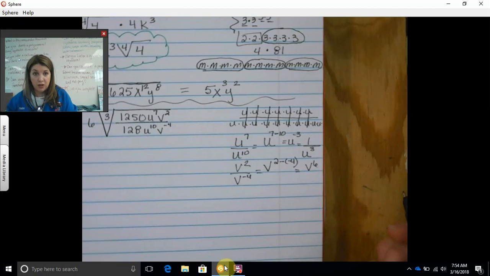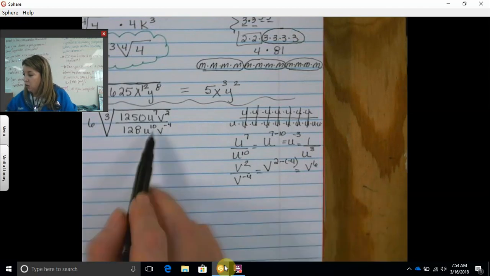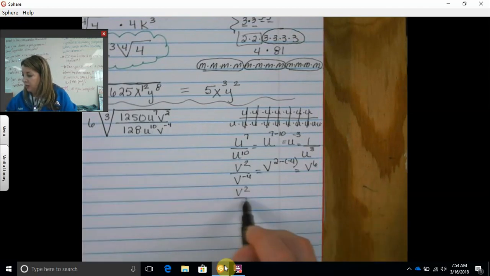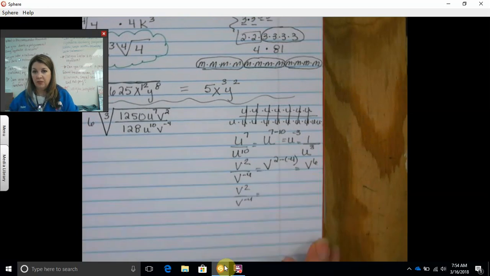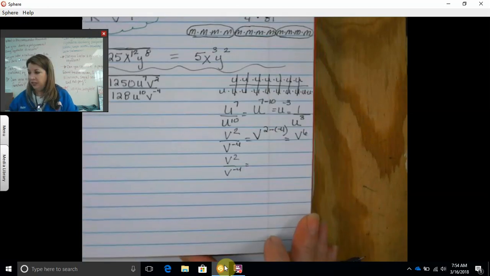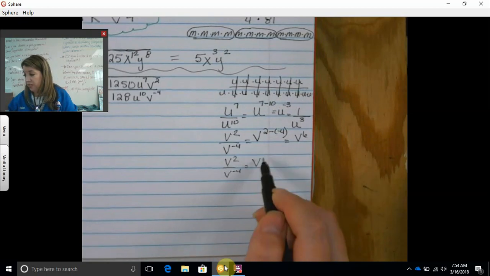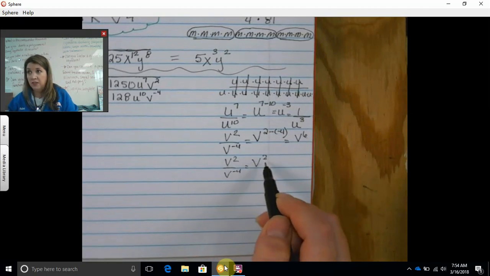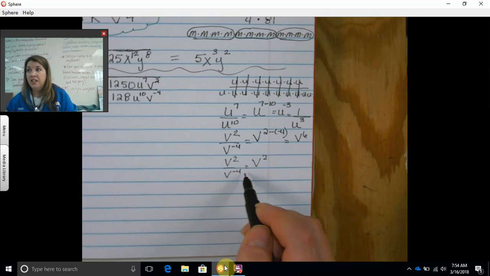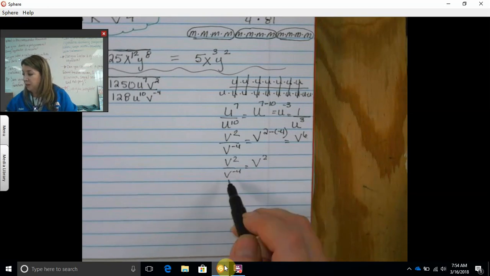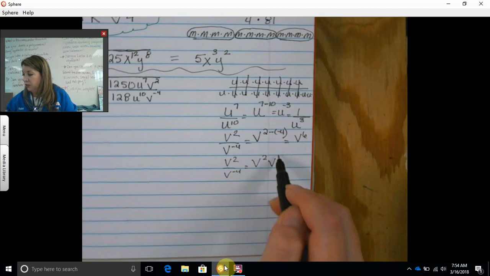You could do it like that, or you could say, okay, when I have a negative exponent, I can't keep it negative, so I have to move it. Is v squared negative? No, so you don't want to move it to the denominator or you'll change it to a negative, so you leave it in the numerator. V to the negative 4th, we don't want that negative exponent, so if it's in the denominator, we'll move it to the numerator.